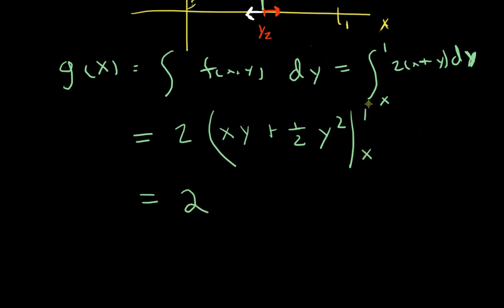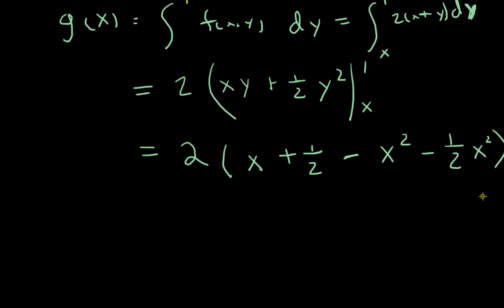Plugging in these values for y, I have x plus 1/2, that's plugging in 1, minus x squared minus, I'm distributing the negative sign there, 1/2 x squared.